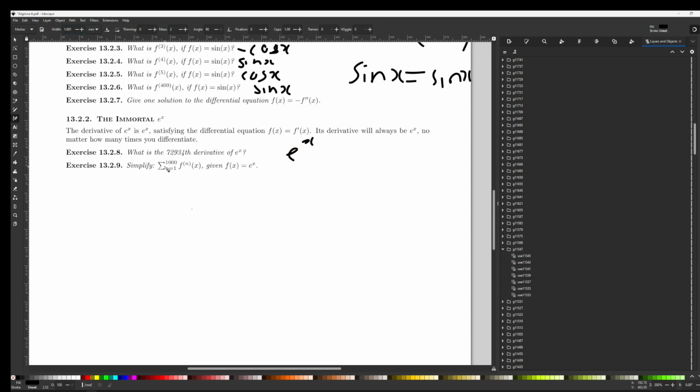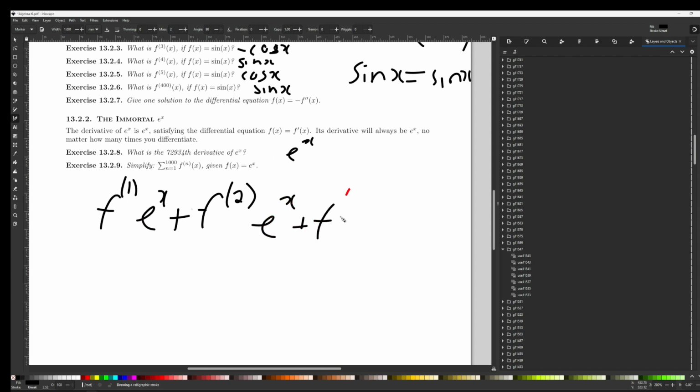Simplify the summation from n equals 1 to 1000 of the nth derivative of e to the x, given that f of x is equal to e to the x. This might look scary, but let's just plug in a few values, starting at 1, and going all the way to 1000.